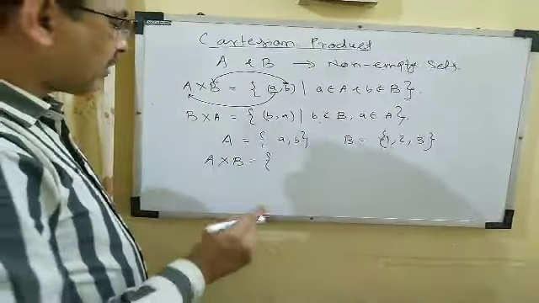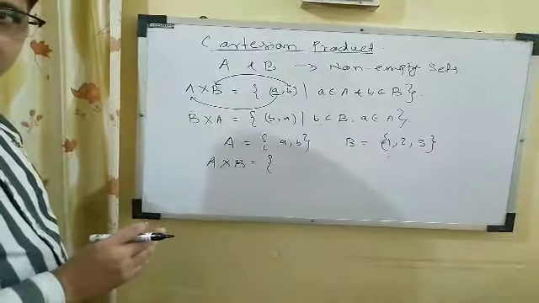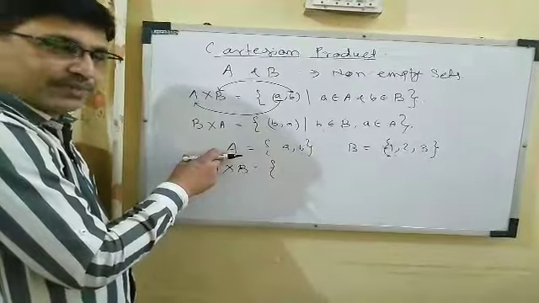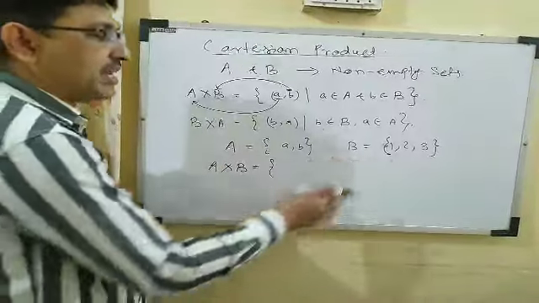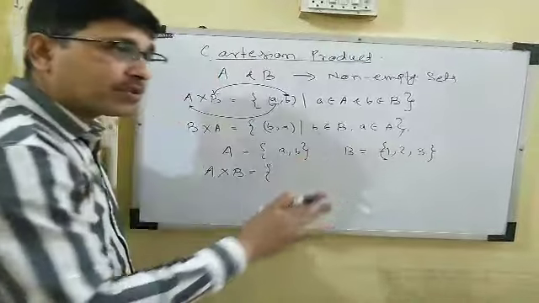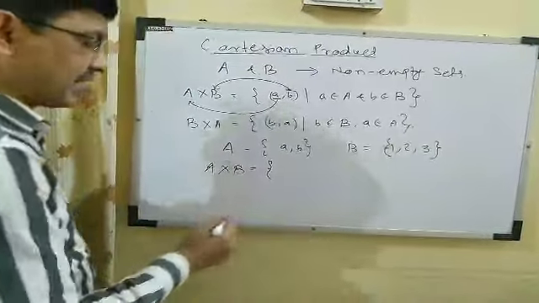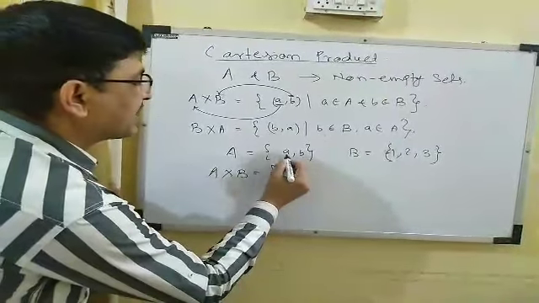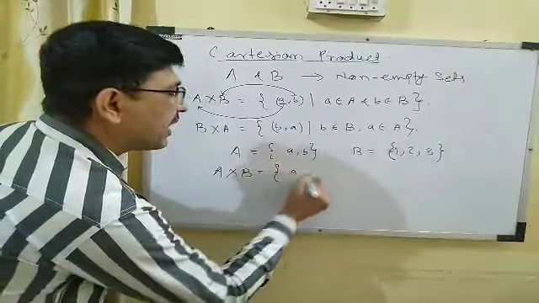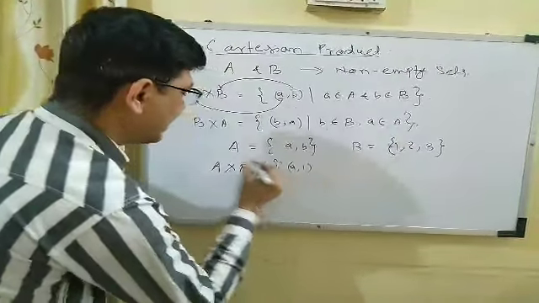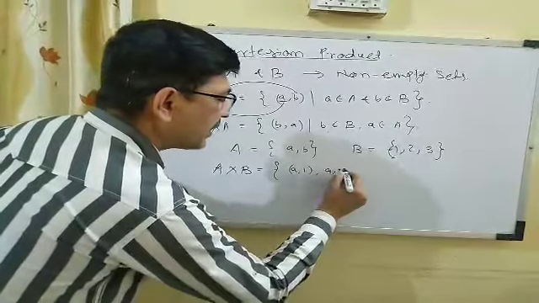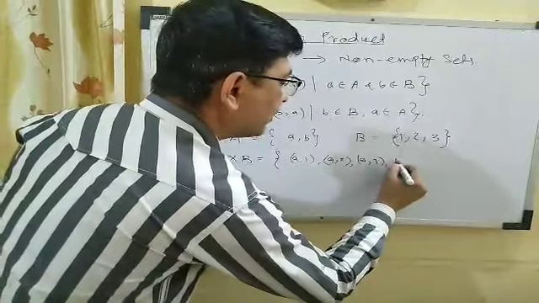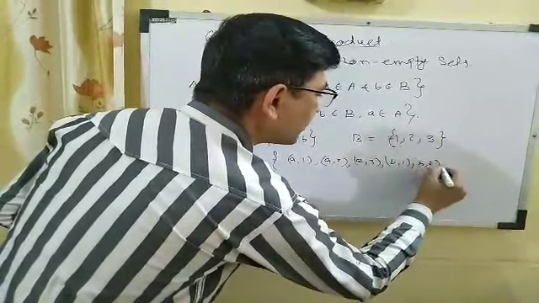We collect all those ordered pairs in which the first element is an element of the first set A and the second element is an element of the set B. All possible such collections is A cross B. So the first element I can take a from set A and 1 from set B: (a,1) is an element of A cross B, (a,2) is another element, (a,3), (b,1), (b,2), (b,3).